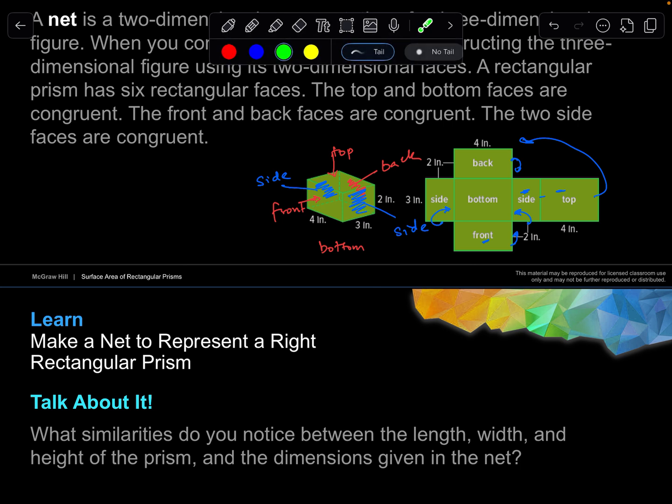You can see that this dimension and this dimension, which are given for the bottom, are these 2 dimensions of the net. So each set of dimensions is going to have the corresponding dimension in the net, and therefore there are 3 sets of dimensions for each of the congruent sets of sides.